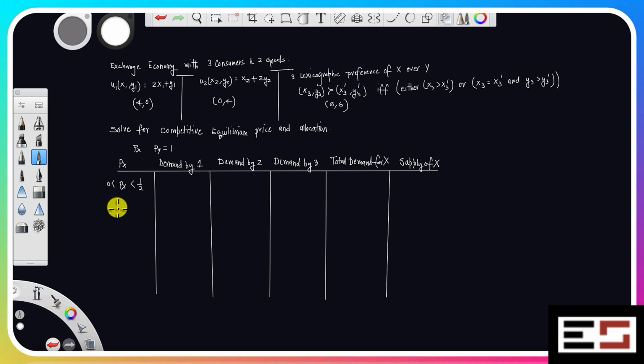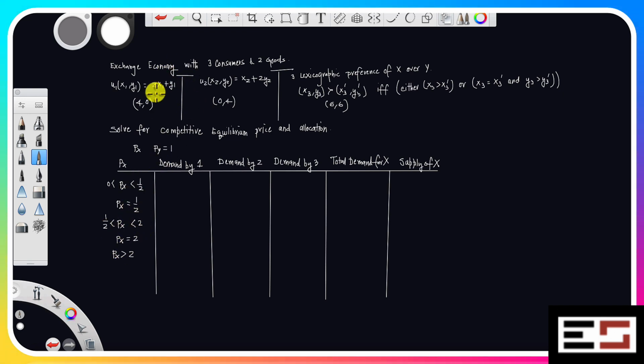The other possibility is px is equal to half. Then px is between half and 2. Then px is equal to 2, and then px is greater than 2.